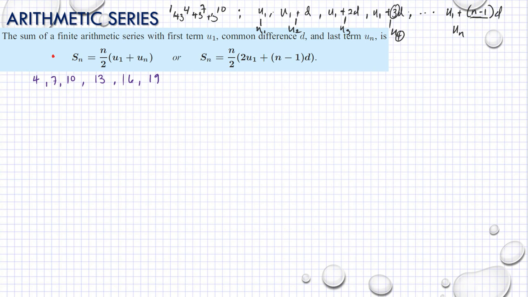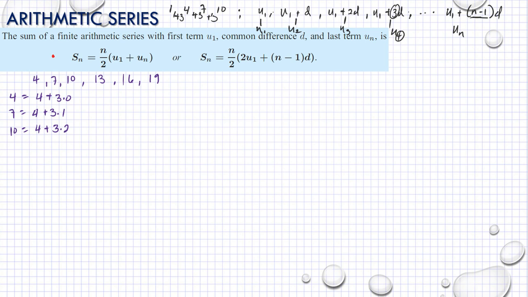Okay, remember that I can use this one for my 4, that is 4 plus 0. For my 7, we have 4 plus 3. For my 10, we have 4 plus 3 times 2. This is times 1. That 0 there actually is 3 times 0.